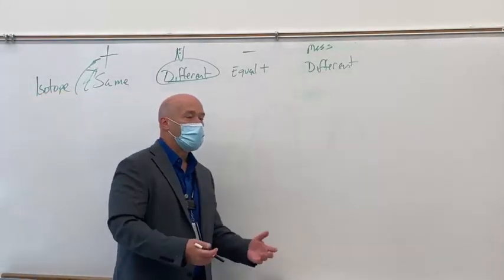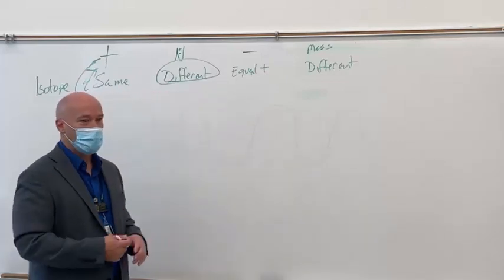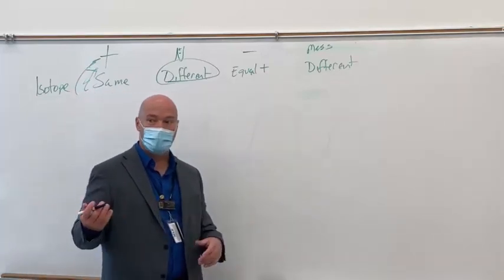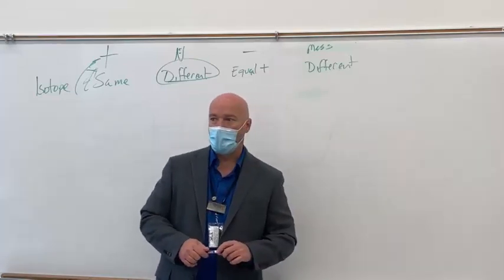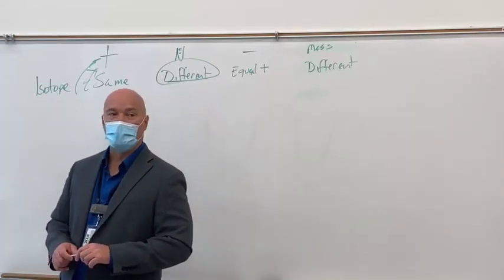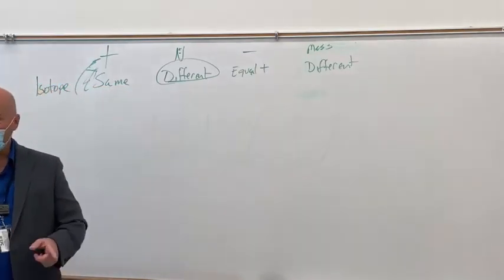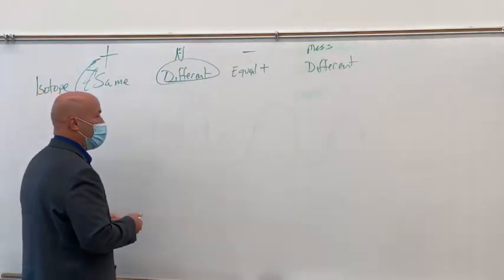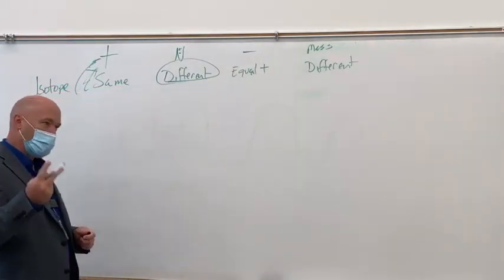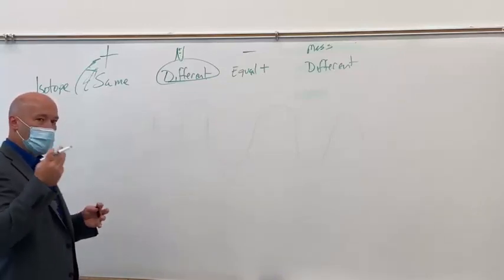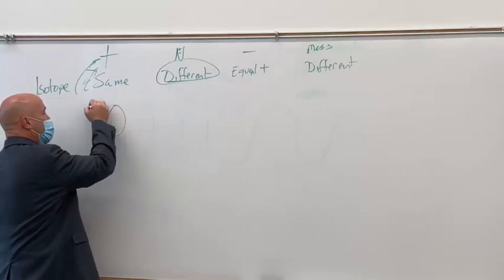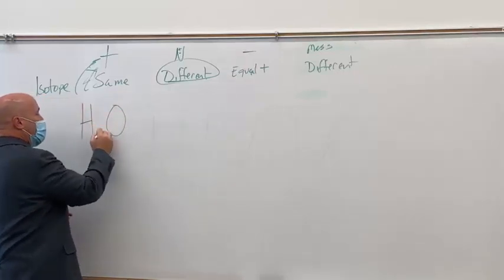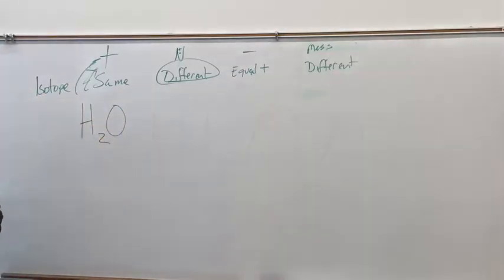The most common thing that you interact with inside of your body anyway is water. Is water an element? No, it's not. It's made of elements. Specifically, it's made of two types of elements, in a combination of three individual atoms, and that is H2O, right?